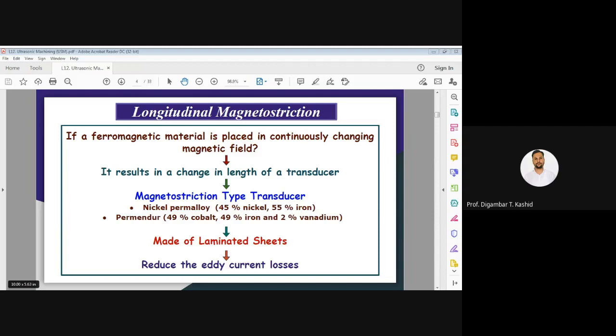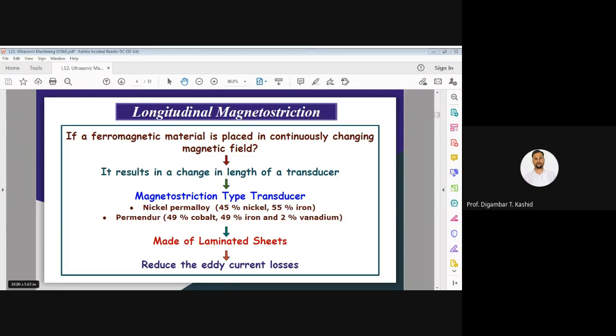They are normally made of nickel permalloy material, in which 45% is nickel and 55% is iron.